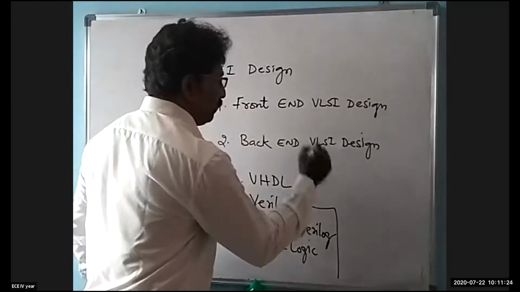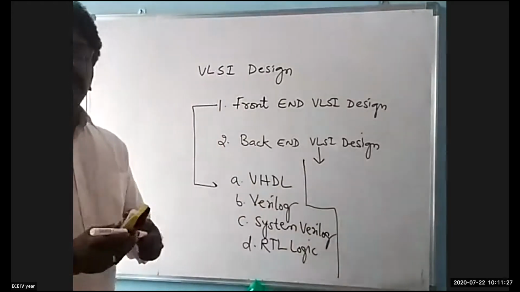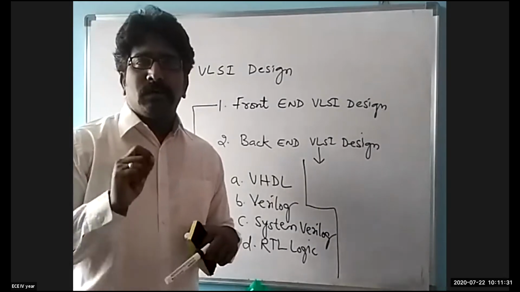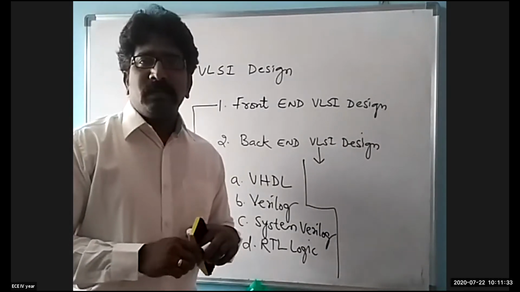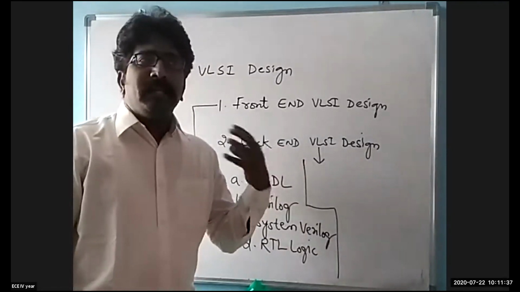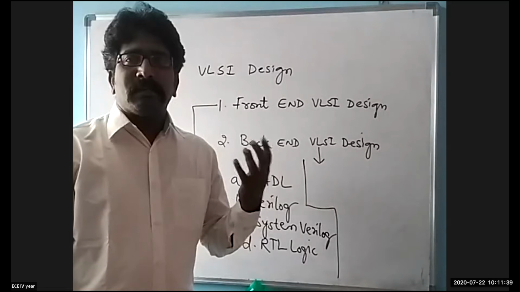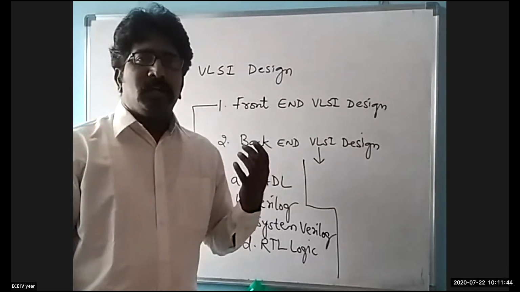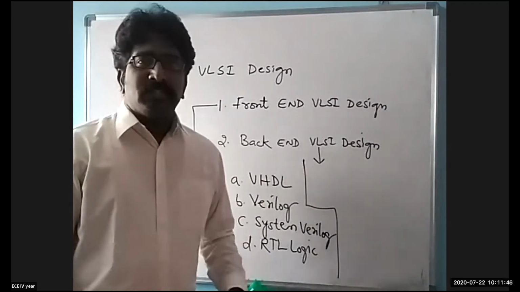Coming to the second part, there is back-end VLSI design. This back-end VLSI design is mainly regarding the physical design and also the layout designing of a particular circuit. It relates to how the integrated circuit comes into the picture once it is physically manufactured, and also the layout designing of the circuit you are designing.